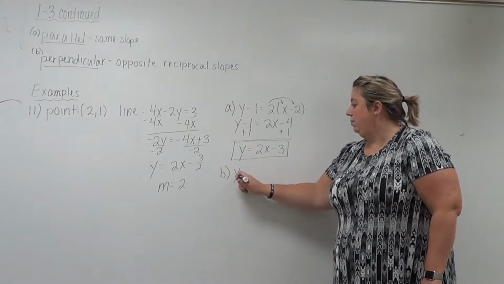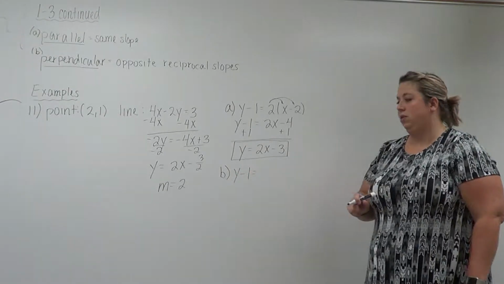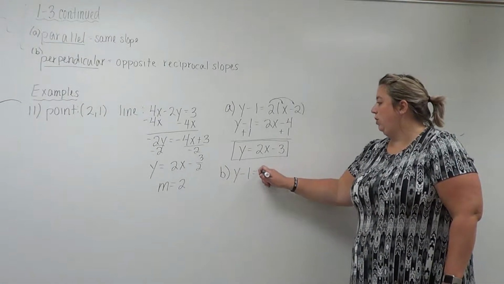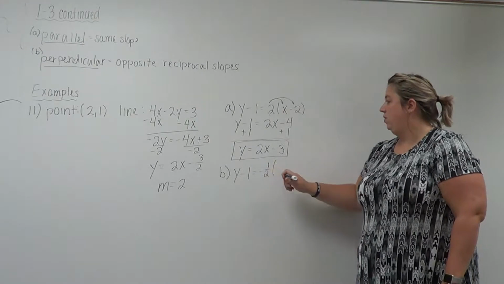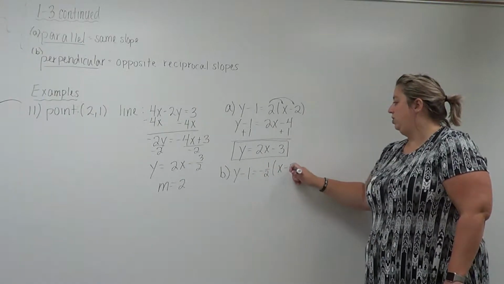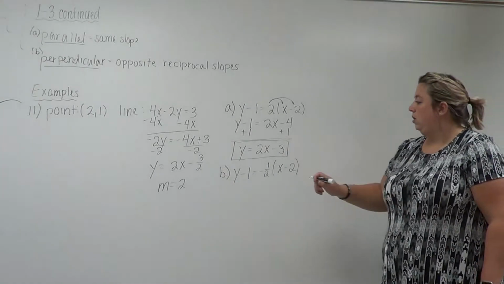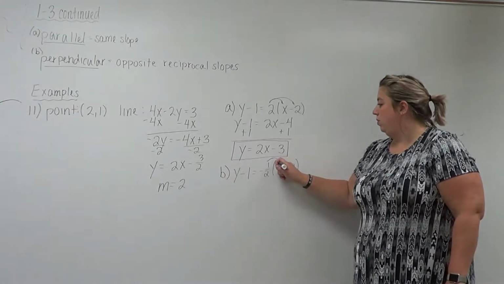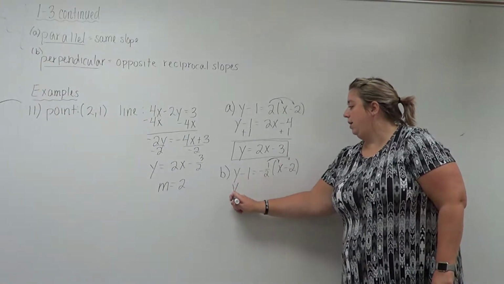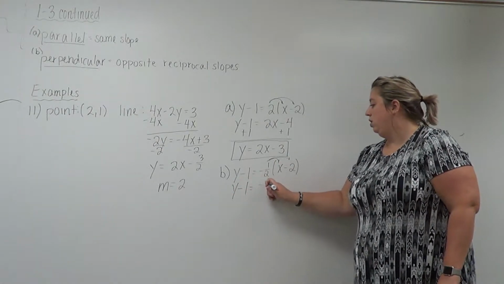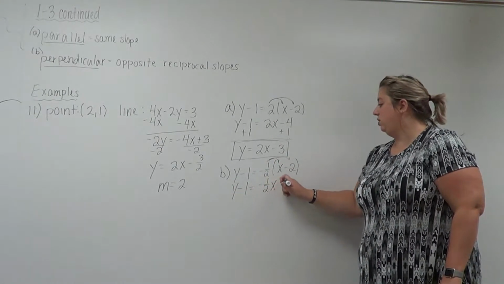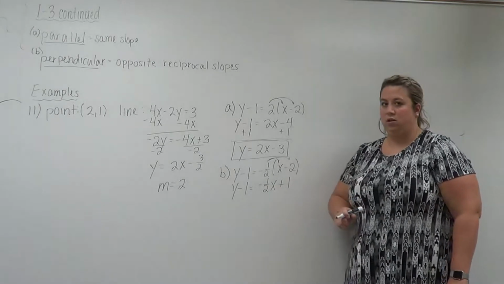So it'd be y minus 1 equals, then instead of 2, we'd have negative 1/2 times x minus 2. Then I would distribute. So y minus 1 equals negative 1/2 x plus 1.